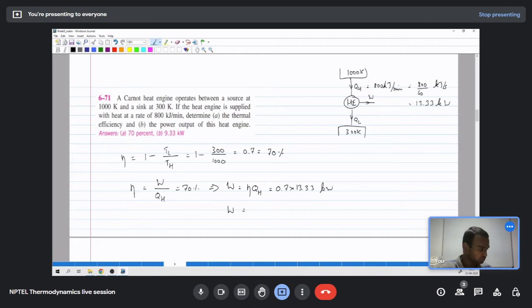So W can be calculated, which is 9.33 kilowatt. I hope the problem is clear.